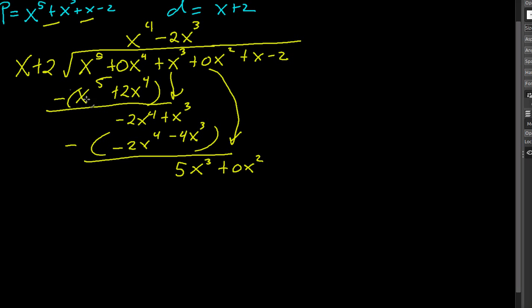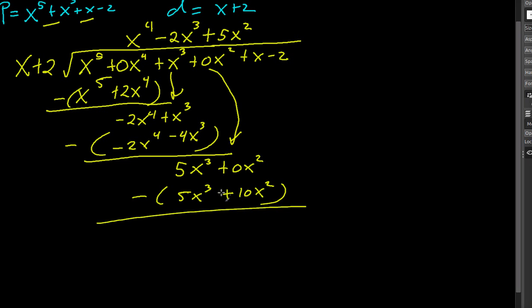What do I multiply x by to get 5x cubed? Well, I think I'm going to multiply it by 5x squared. 5x cubed plus 10x squared. When I subtract, that will go to 0, and this will go to negative 10x squared. So I'll bring down this x.